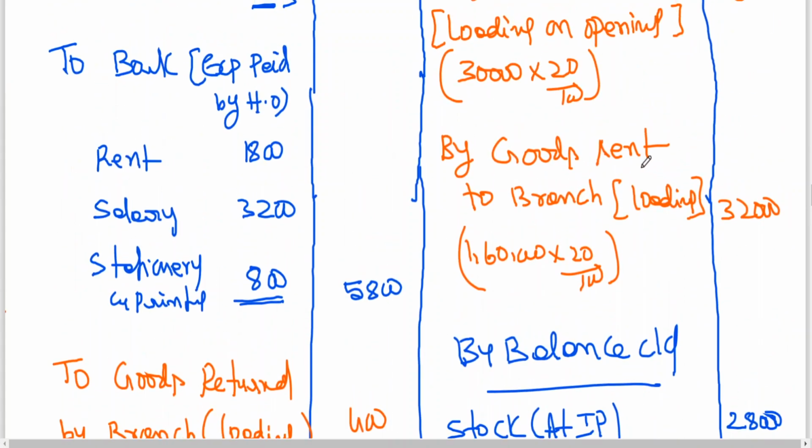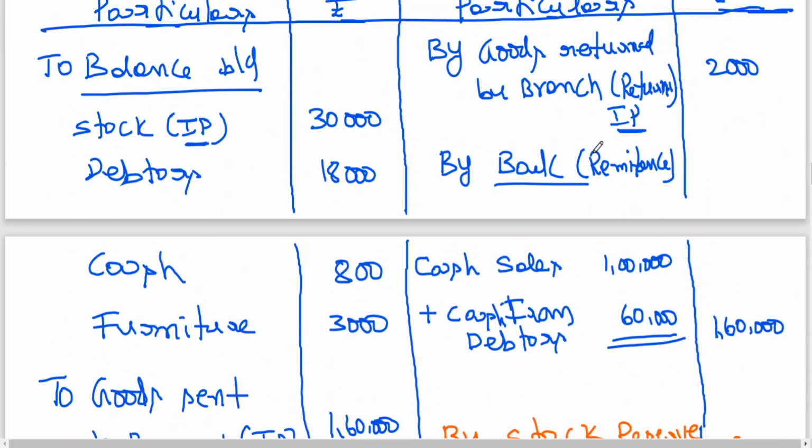You can see returns invoice price has been given how much? 2,000, 20% on 2,000.